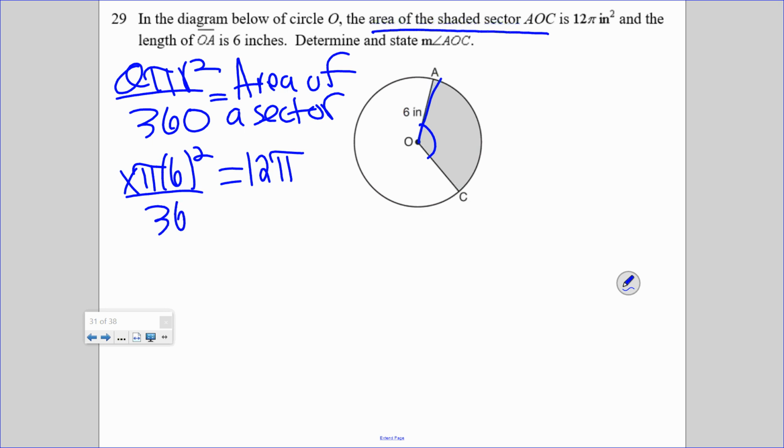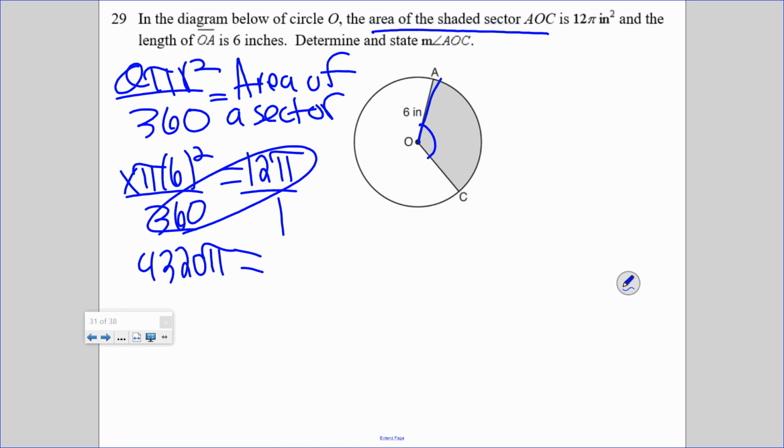over 360. So to solve this, I'm going to have to cross multiply and solve. 360 times 12 pi is something. I'm going to leave my answer in terms of pi for now. So that's 360 times 12 is 4320 pi equals 36 pi x.